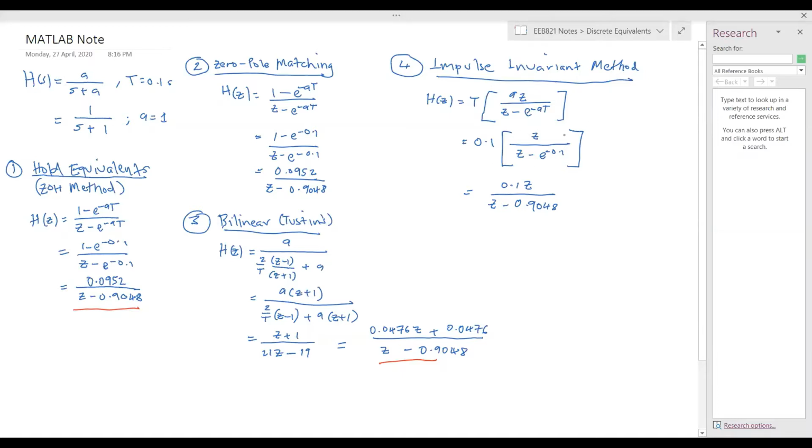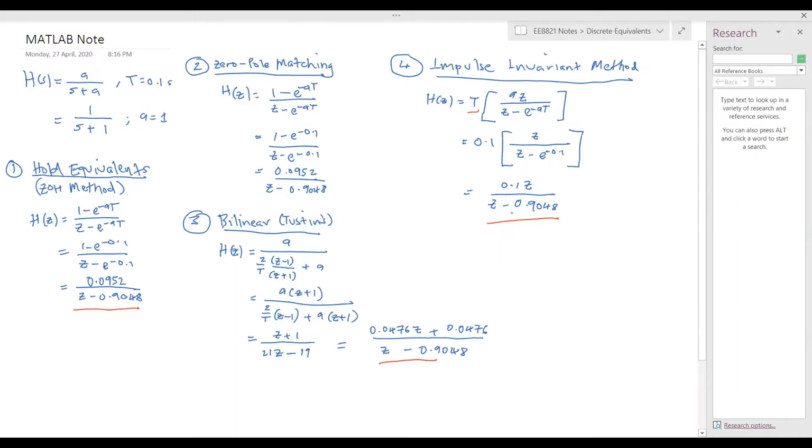Now for the impulse invariant method, after we get H of z, we have to multiply this by T. So this is a step that we missed out in the notes, where you have to multiply this z equation by T. So if we do that, we will arrive with the result 0.1z divided by z minus 0.9048. So this is the result that we should get.